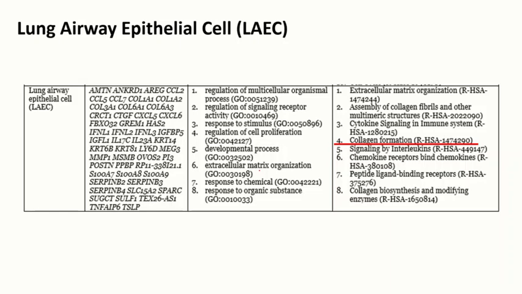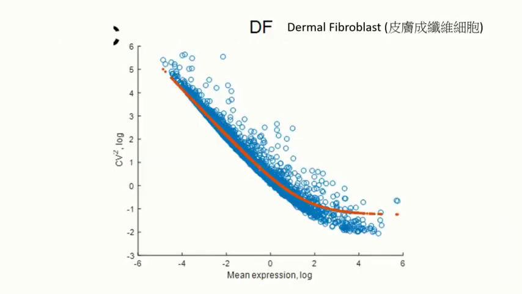But this term I will highlight: the collagen formation. It's different. You are only able to see that in the lymphoblastoid cell line gene set. Again, this set of genes is not random. Those are the functionally related genes for the epithelium cells. Now let's jump to the fibroblast.